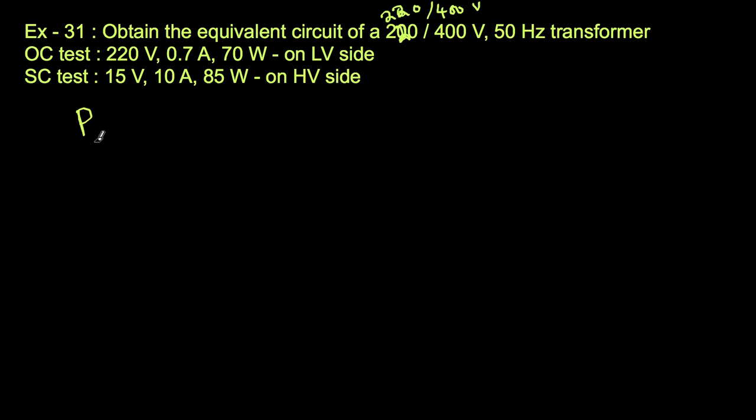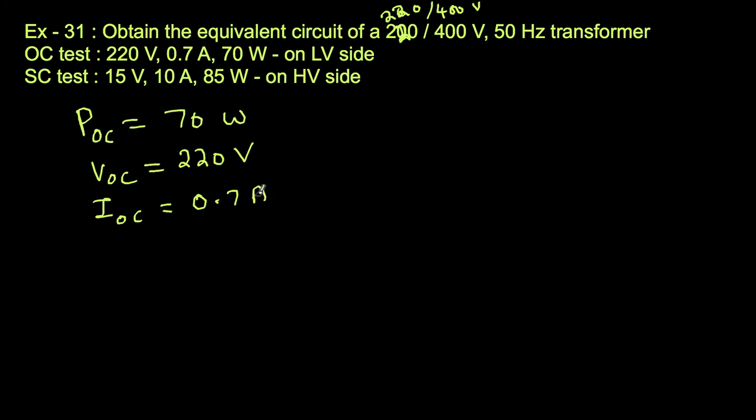So my P open circuit is 70 watts, V open circuit is 220 volts, and I open circuit, which is actually I naught, is 0.7 amperes. The first step is to find cos phi naught. P OC is I OC V OC cos phi naught.